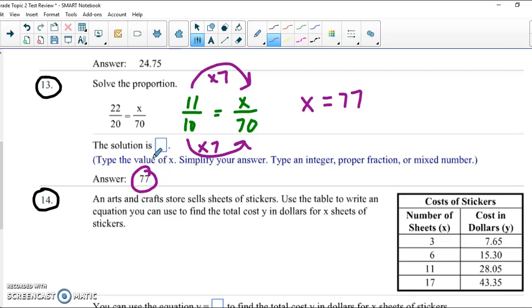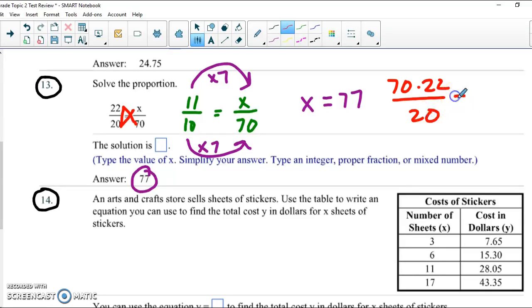The other method that we briefly talked about is the fishtail. If I start at the number opposite of the x, so I'm going to start at 70 and draw my fishtail, I'm going to multiply, divide by, equals. So 70 times 22 divided by 20 equals x.